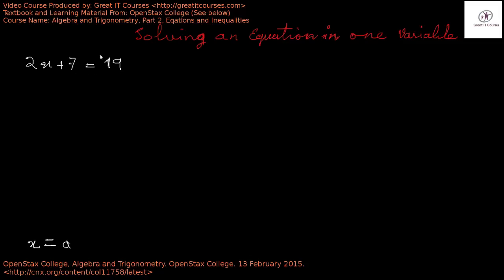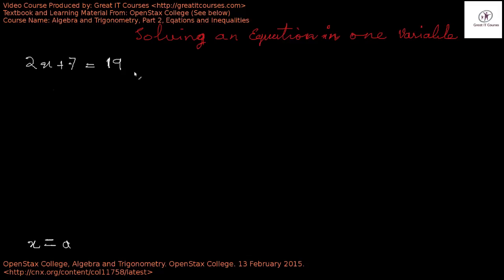If you look at the solution of this example in the book, they write this equation so that x is equal to a. So I want to get rid of this 7, and so I need to subtract 7 from both sides of this equation, which is of course correct.